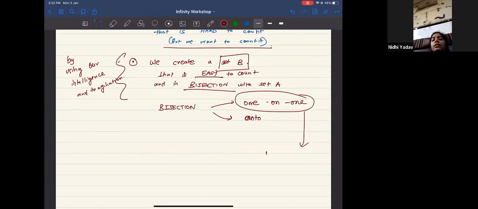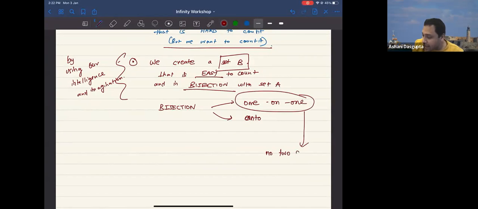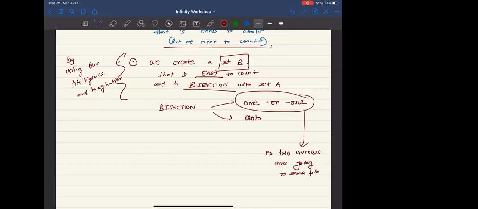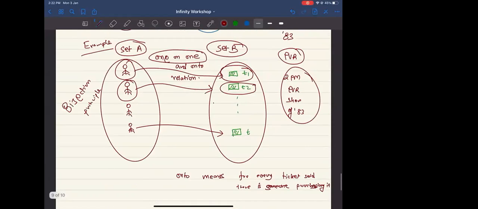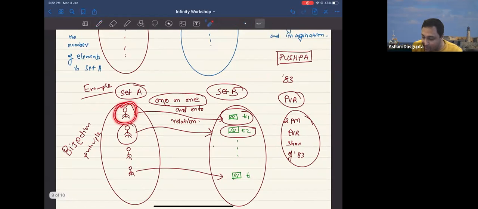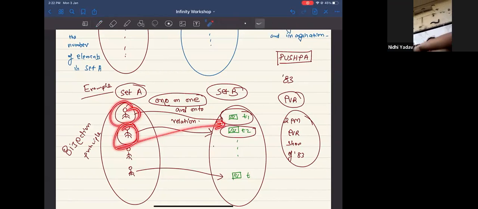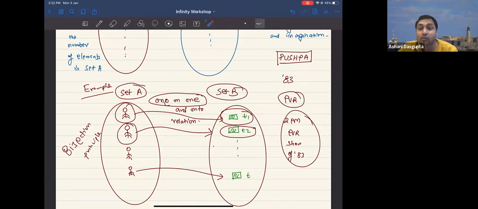One-on-one means no two arrows are going to the same place. So I told you this, I drew the picture. For every person, there is exactly one arrow, and no two persons are purchasing the same ticket. So no two arrows are going to the same place, right?